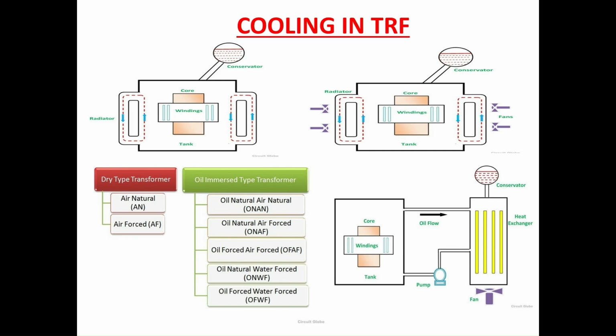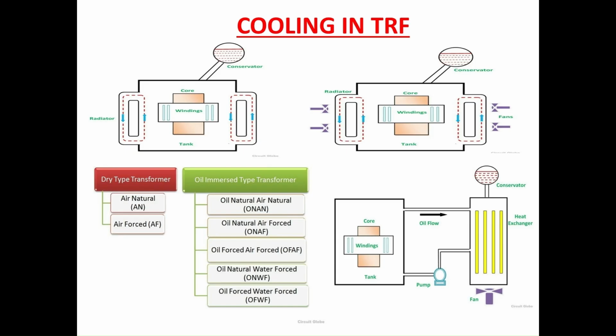Then comes oil forced, air forced, wherein you can see a pump is being used for extra circulation. Next comes oil natural water forced and oil forced water forced. And these are different cooling techniques that are being used at different types of transformer.